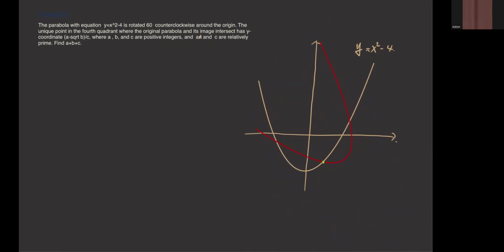And the y coordinate is a minus square root b over c, where a, b, c are positive integers.